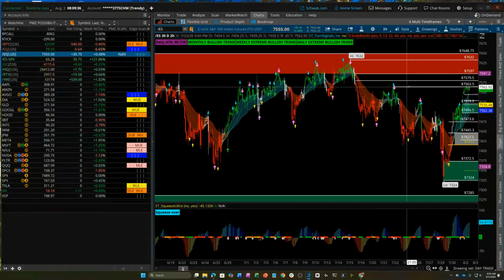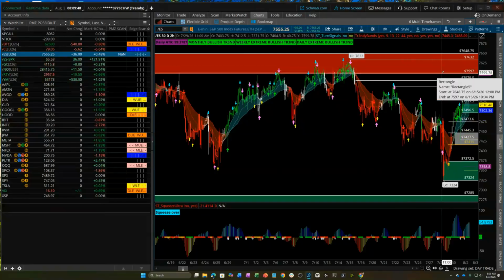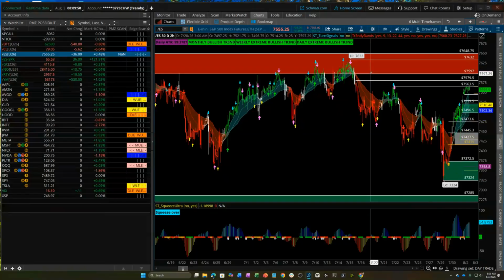Day trading chart. This is the blueprint for ES futures that I am watching. So the sell zone is right up here where I've already talked about. I showed you how this was supply on a daily chart, a 4-hour chart, a 2-hour chart.